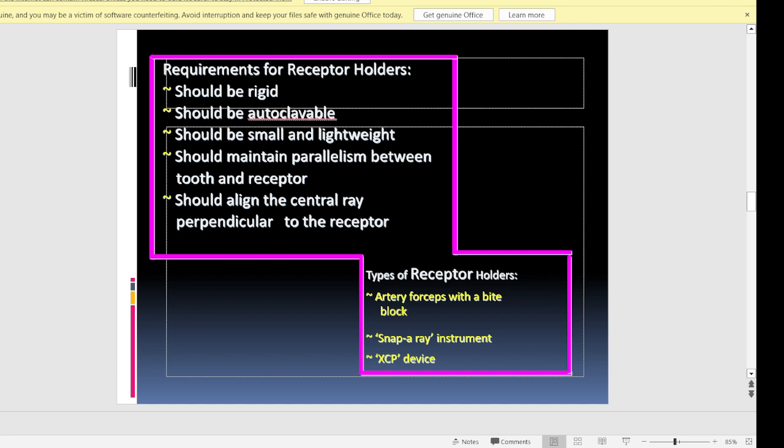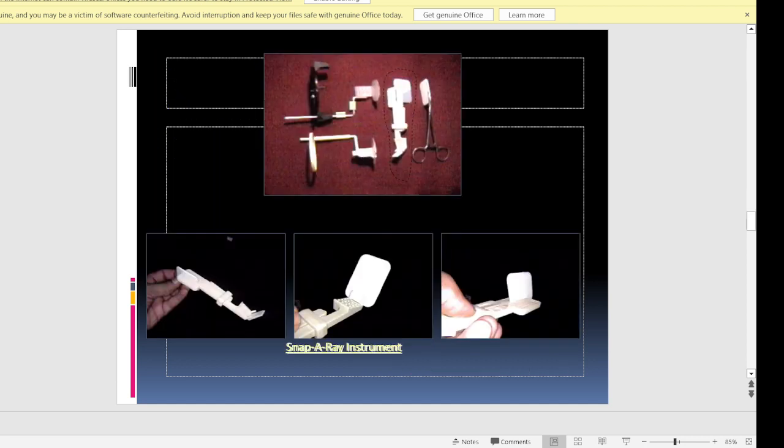Requirements for receptor holders: it should be rigid, autoclavable, light and small, it should maintain parallelism between tooth and the receptor, and it should align the central ray perpendicular to the receptor. There are three types of receptor holders: the artery forceps with a bite block, the Snap-A-Ray instrument, and the XCP device.